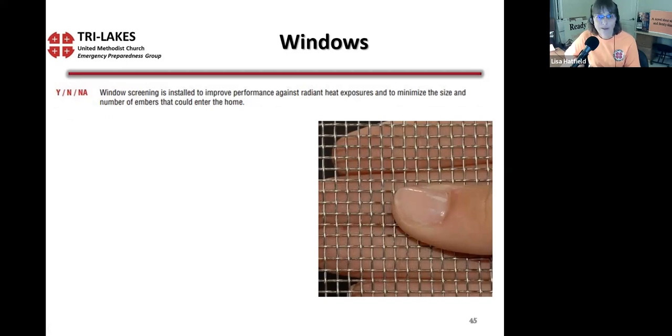Screens in front of the windows are another layer of defense, as long as they are metal window screens or fiberglass. But if they're plastic or polyethylene, they will melt when the first flying chunk of burning material hits it. So if you're not home when your wildfire happens, and if the windows are open, or if the glass breaks due to the radiant heat, if you have metal screens, you'll be in much better shape.